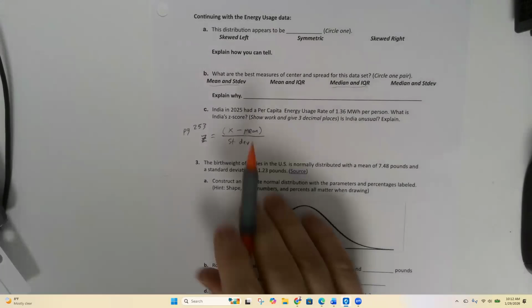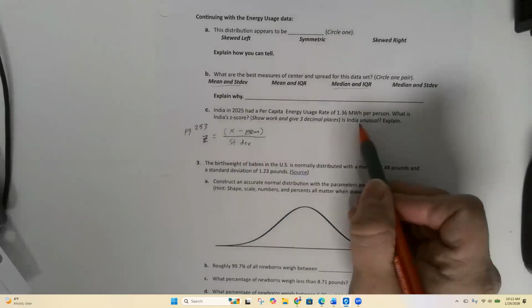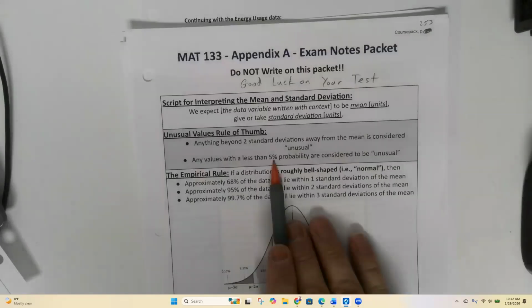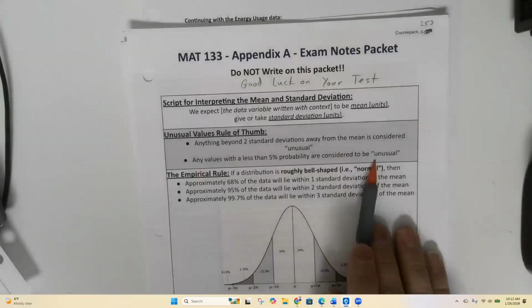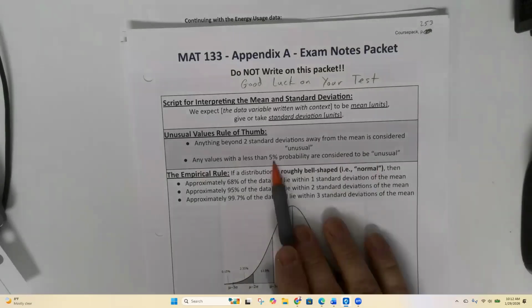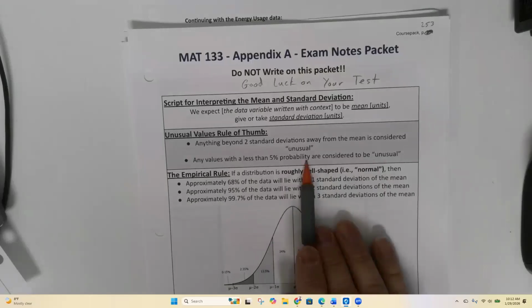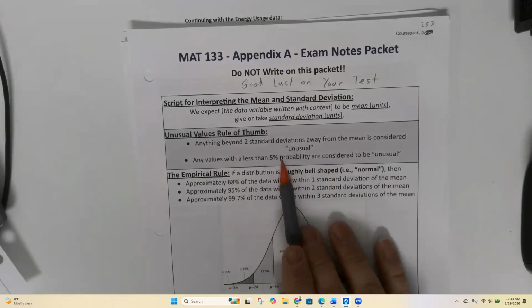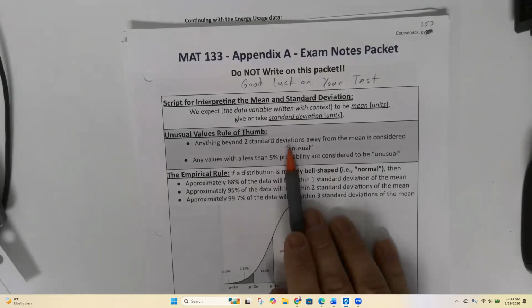So is India unusual? We consider something to be unusual if the probability is less than 5%. Now, that's if we're using probabilities. Every z-score has a probability associated with it, and every probability has a corresponding z-score.